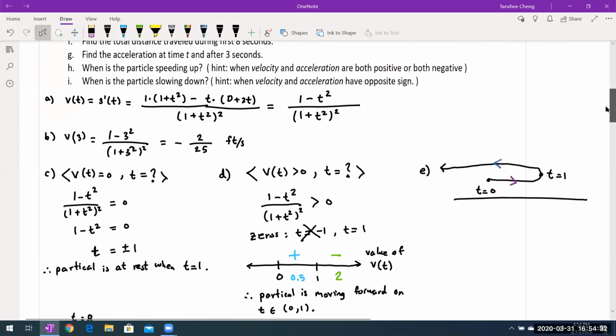The next question is telling you to find the acceleration at time t, and also the value of the acceleration. What is the acceleration after 3 seconds? That's what the question is asking. To find the acceleration function, I need to take the derivative of the velocity function.